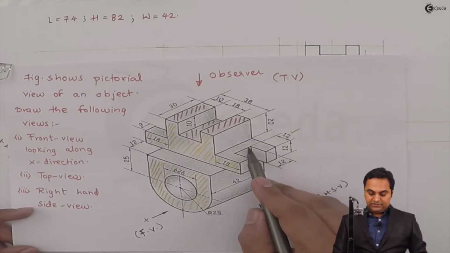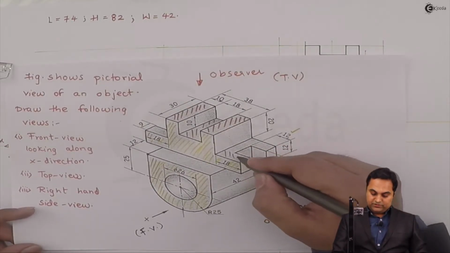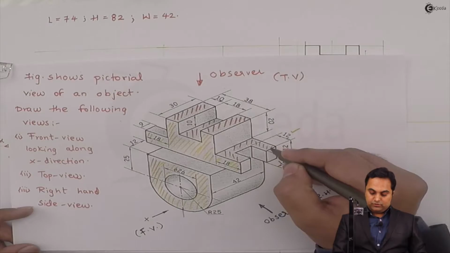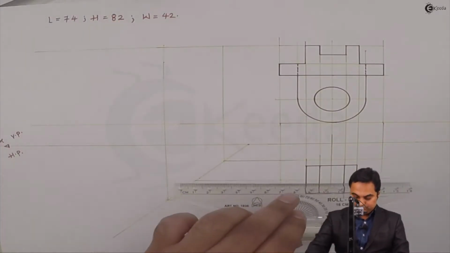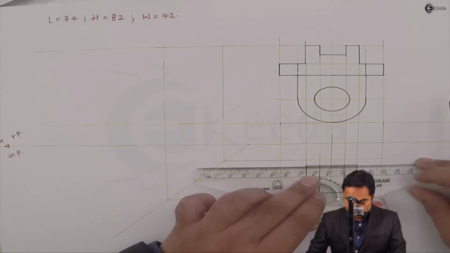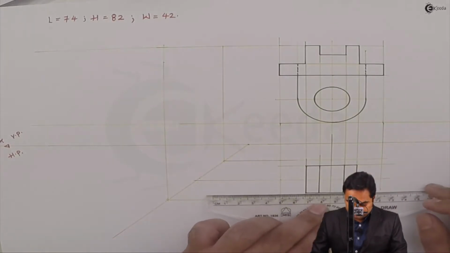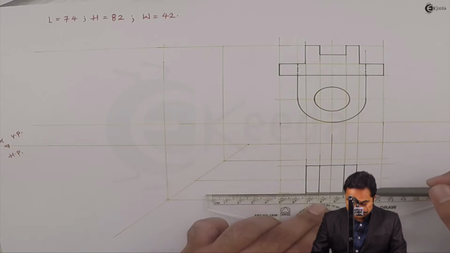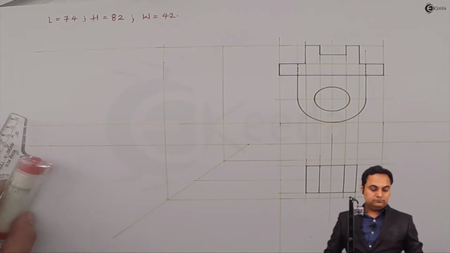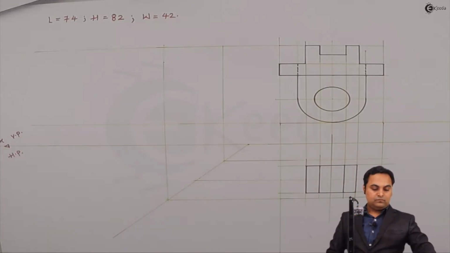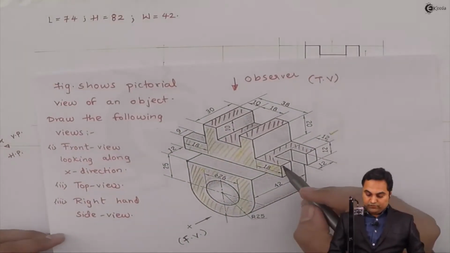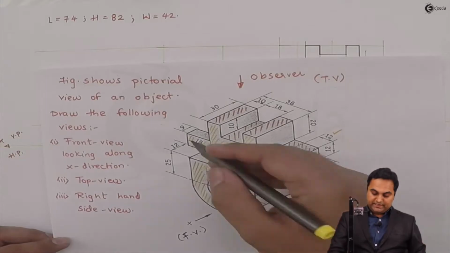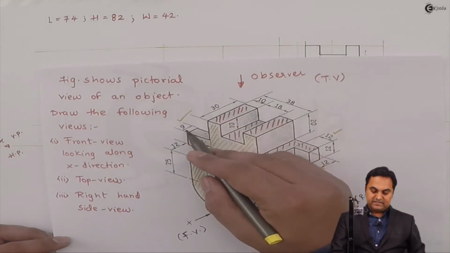Next, I have to complete this surface, also visible from the top. So I'm just drawing it, having the same width 30 mm. And here, for the width of this portion, I can see here it is given as 9 mm.